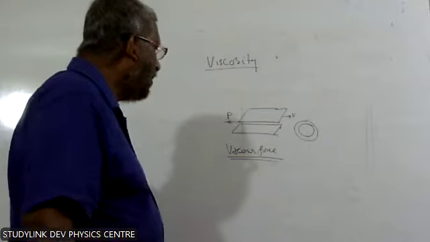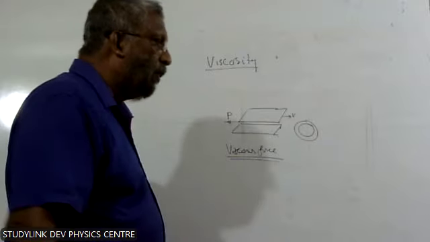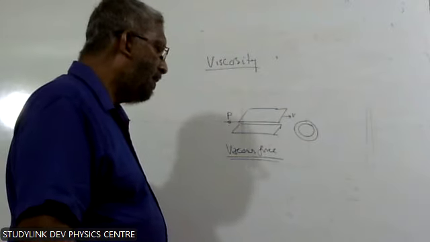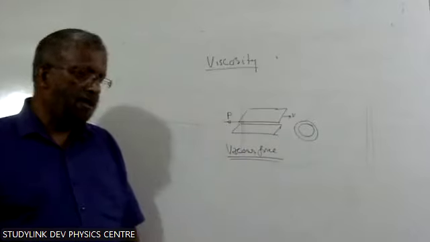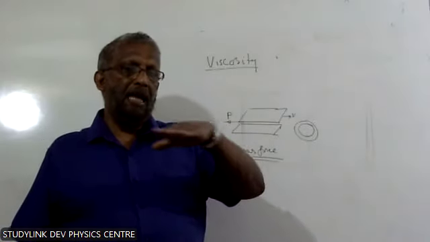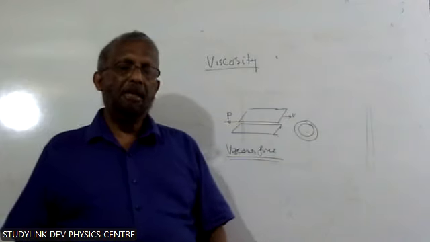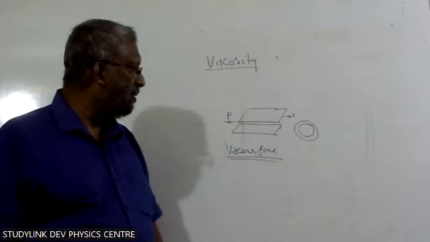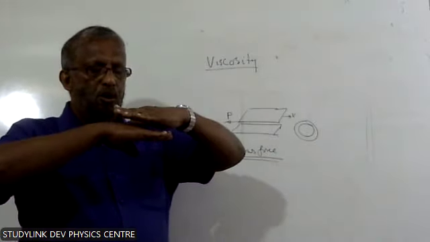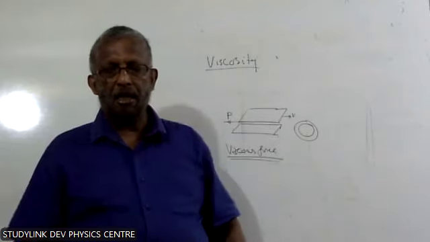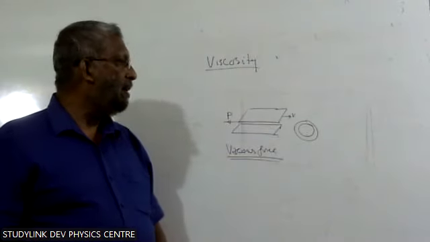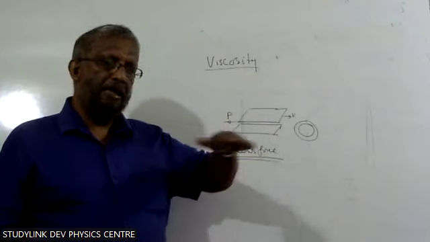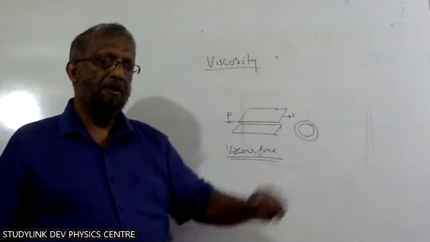But here, when the flowing of liquid is concerned, they flow as laminae. In between two laminae, there is a liquid friction against the motion of one lamina.